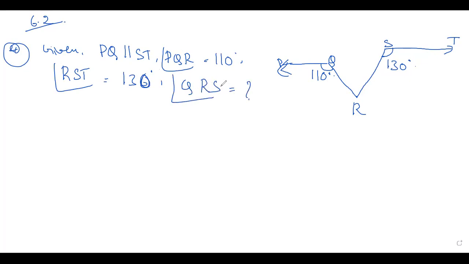So a hint is given in the question. What is that hint? Draw a line parallel to ST. Which is ST here? ST is here. They are telling you to draw a parallel line through the point R. Okay, I will draw the parallel line.